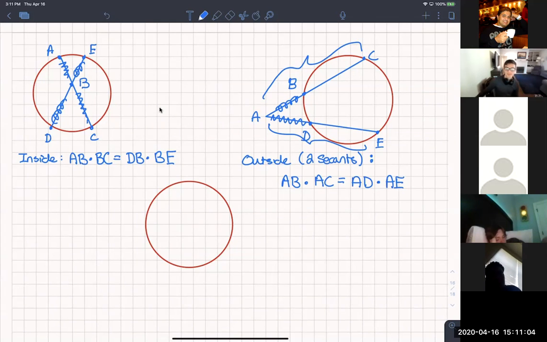Now, the last relationship is this one right here. It's outside, but it is tangent and secant.